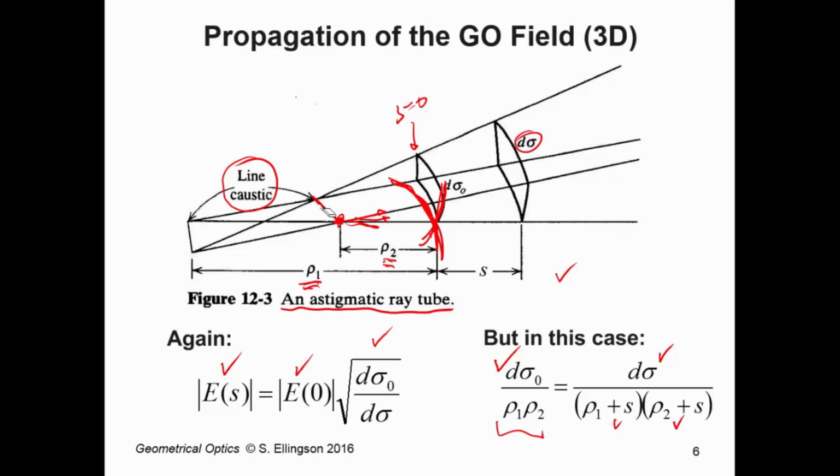And in fact, here we see a caustic in this direction, and we see a caustic along here. So they're called line caustics. I should point out that geometrical optics is wrong at caustics. At the caustics, geometrical optics always gives the wrong answer because it predicts an infinite number of rays propagate through those points, which gives you an infinite field, which is clearly wrong.